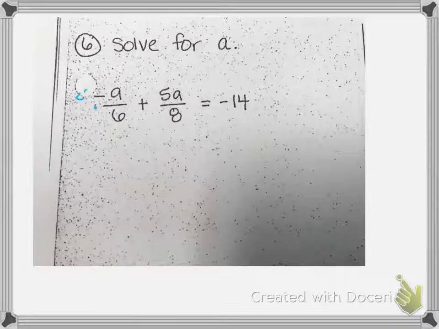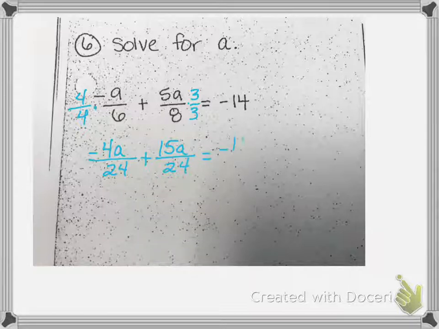So I'm going to multiply the negative A over 6 by 4 over 4 and the 5A over 8 by 3 over 3. That gives me negative 4A over 24 plus 15A over 24 is equal to negative 14.